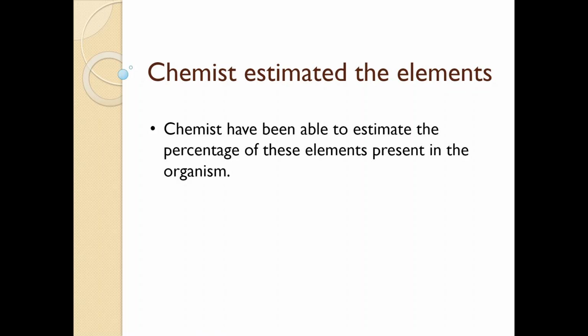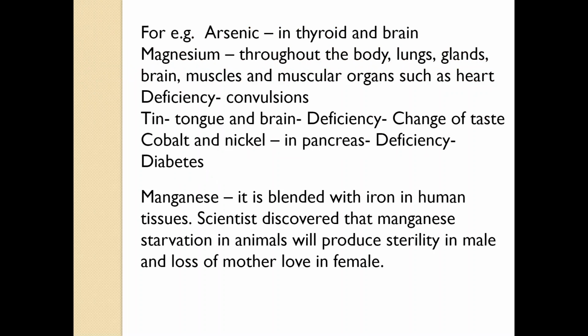Chemists have been able to estimate the percentage of these elements present in the organism. And how much is it? It is in traces, very small quantity. Yet its deficiency or its absence causes the various train of symptoms and this manifests as disease.